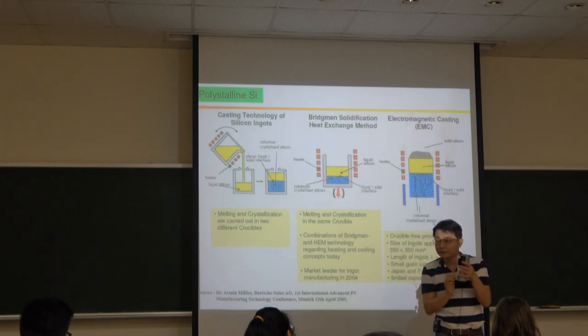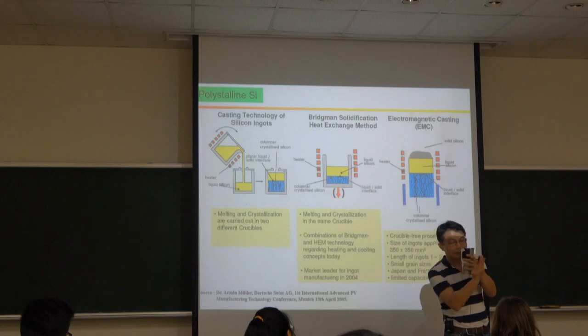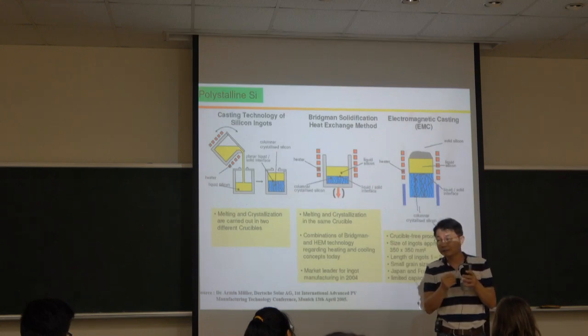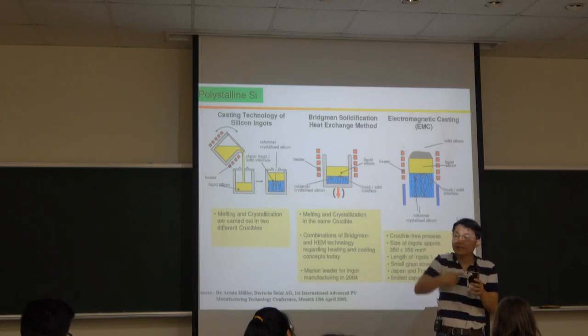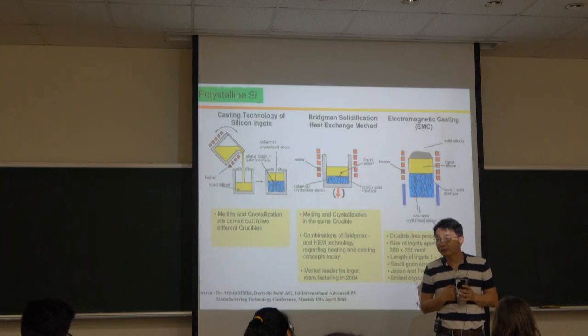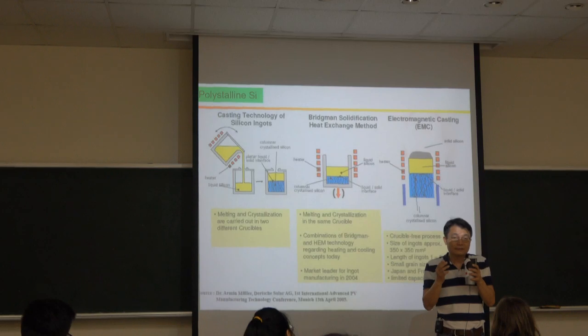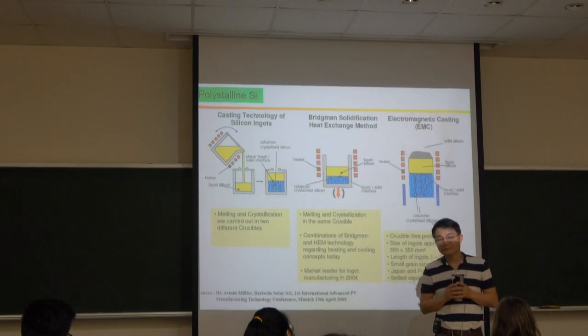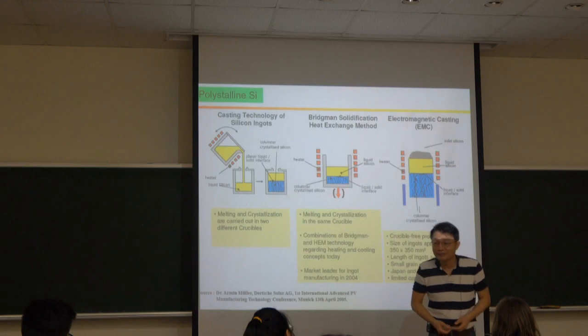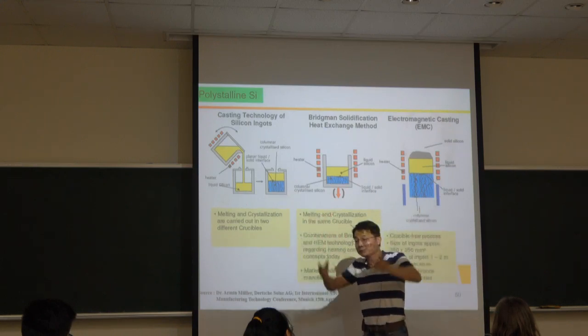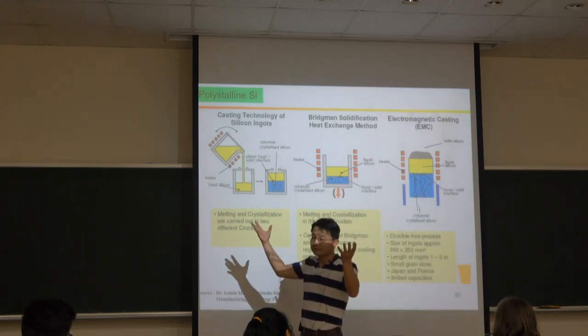So we have to cut out the crucible area, right? So how to increase the throughput? You know the throughput. 如何增加产率? How to increase the throughput? That means how to maximize the production, the product.